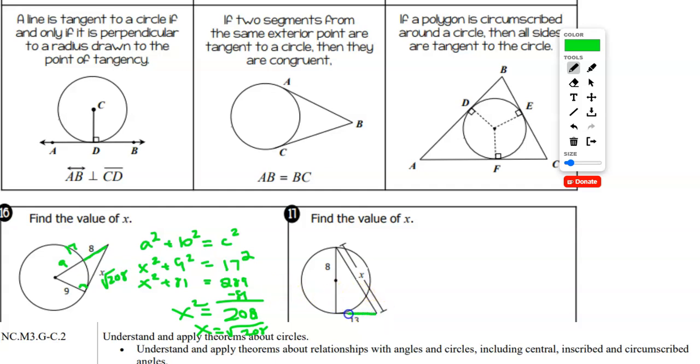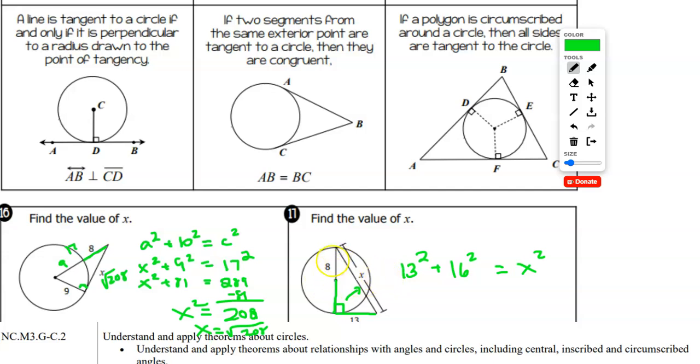Meanwhile, again, tangent lines and radii make 90-degree angles. So this time I've got a squared, b squared, and a c squared. That's the hypotenuse over there. So I'm going to put x squared at the end. 13 squared to begin with, and 16 squared. And do you know where I got 16 at?